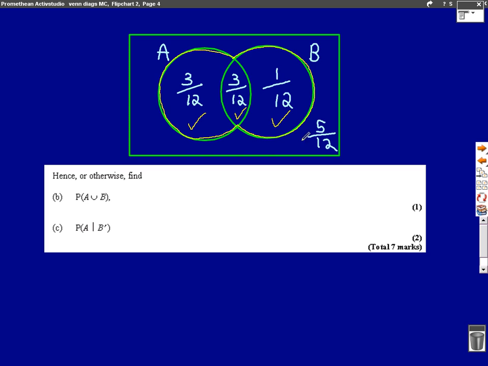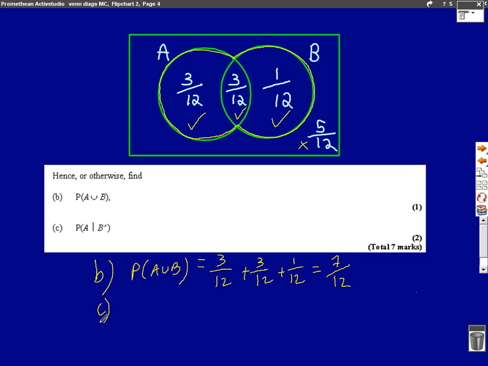The only thing that is not allowed is this bit floating around outside. So the probability of A union B, meaning A or B, is 3/12 plus 3/12 plus a 12th, which is 7/12.